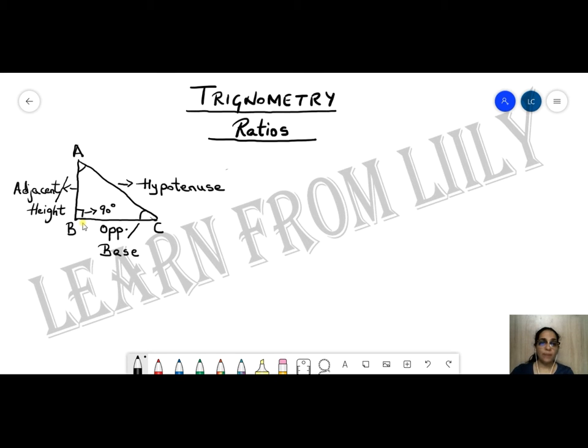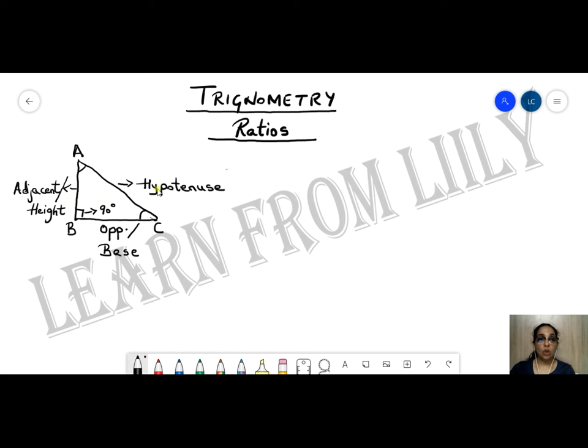Okay. But we are mostly concerned with opposite and adjacent. Now why am I considering this as adjacent and not this? Because this I have already given a name to, I have called it hypotenuse. So let that be hypotenuse only, and the other side next to A is my adjacent side.